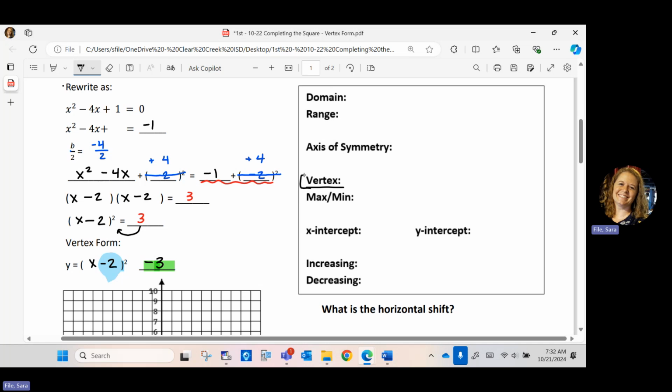Remember, your vertex is (h, k), which is (2, -3).